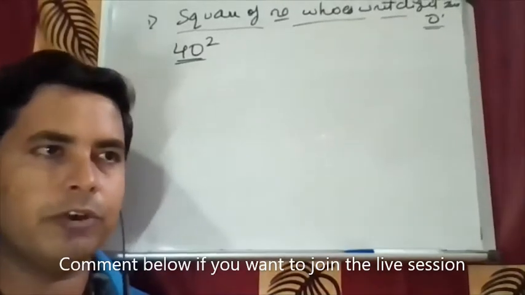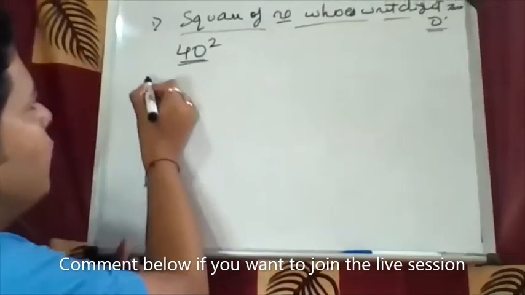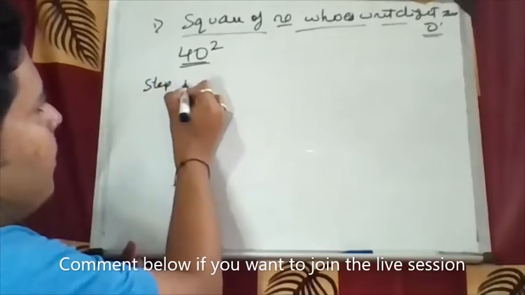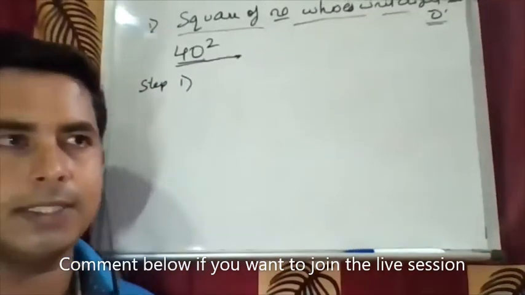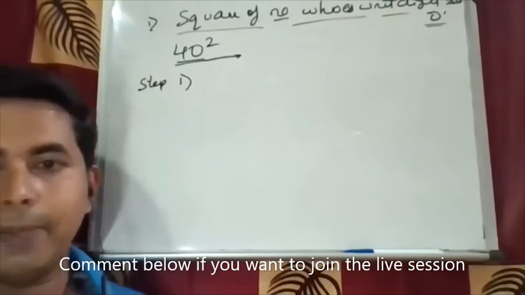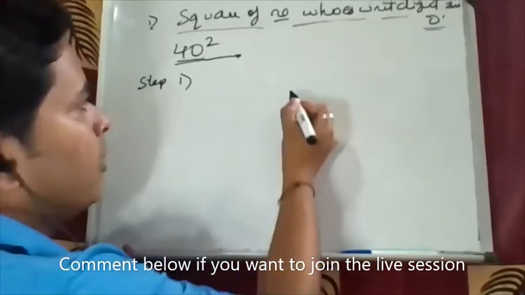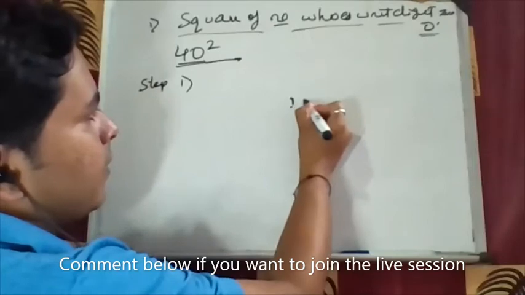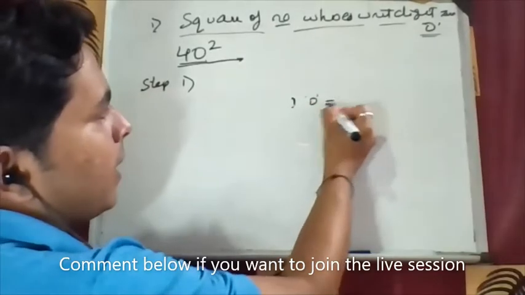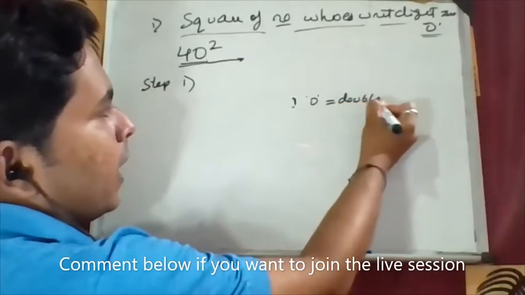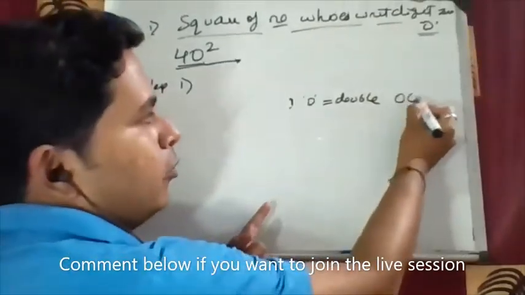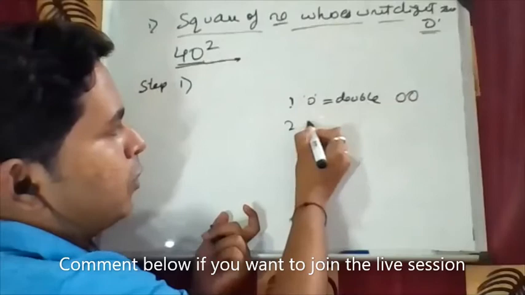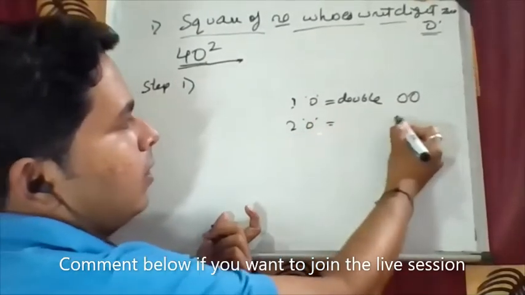Step 1, I'll consider this 0, and I'll make a double of this 0. If one 0 is there in the question, I'll make it 2 zeros. If 2 zeros are there, then I'll make 4 zeros.